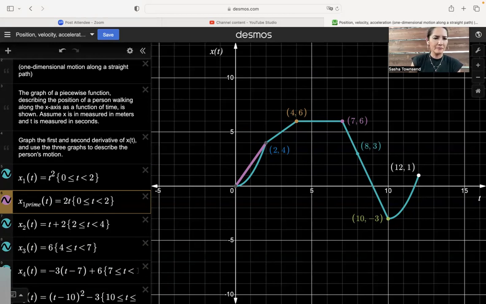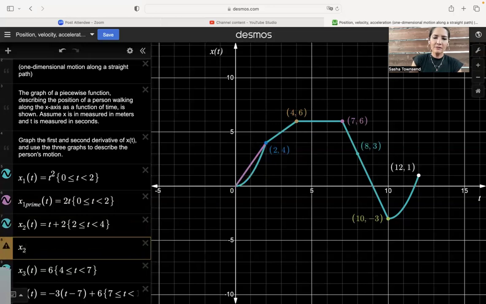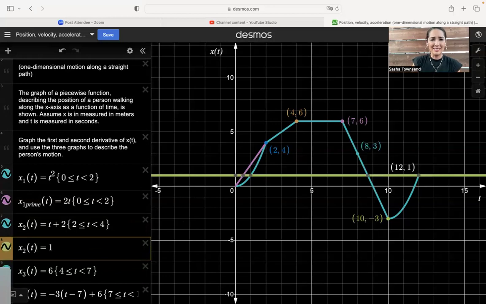So we have that. And then on this interval, the derivative of t plus 2 with respect to t is just 1. Now, all of these look like separate functions, but that's just because of the way Desmos sets it up. At least I don't know how to do the piecewise function in Desmos without defining the function on various pieces. So I'm calling this x sub 1 for the first piece, x sub 2 for the second piece, x sub 3 for the third, and so on.